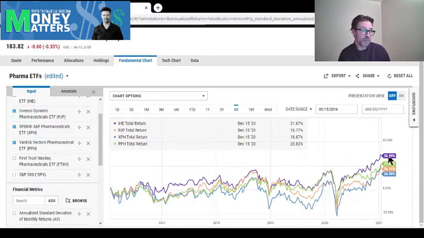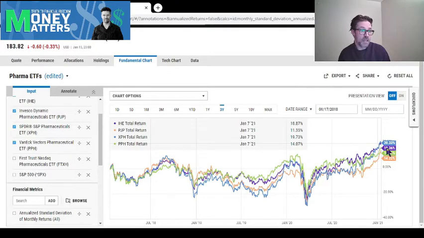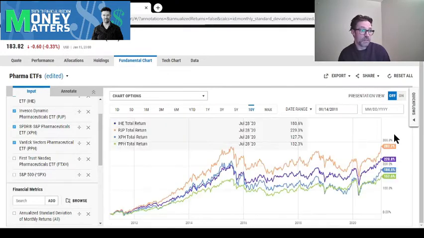You can see that the IEH stands out at 35.89% compared to the others. In 3 years, it's XPH. And in 10 years, interesting to see that the PJP, which is Invesco Dynamic Pharmaceuticals, has performed the best, 282%. This gives you an indicator of a comparison of the different ETFs out there in the pharmaceutical industry.